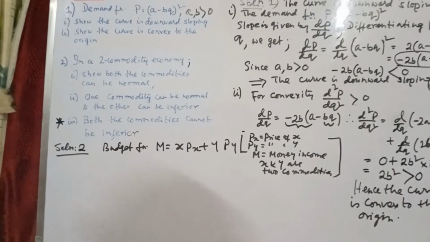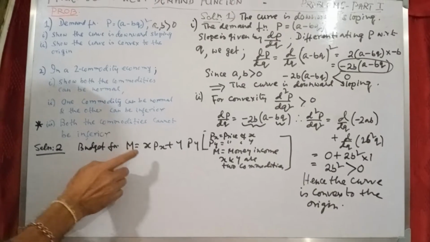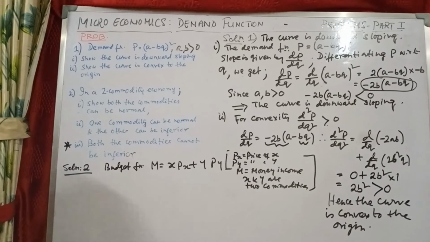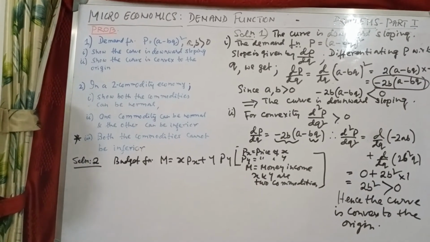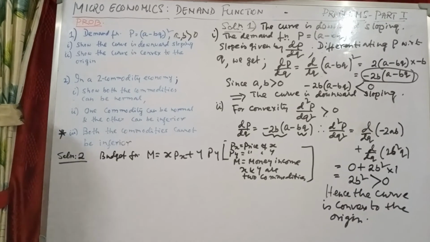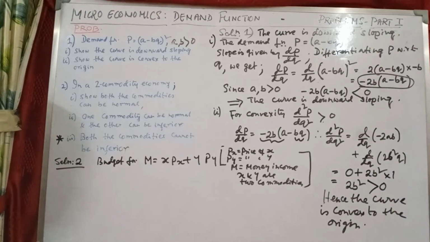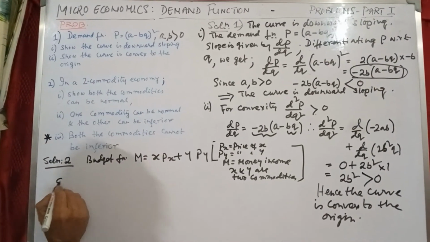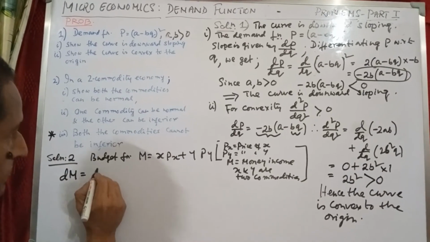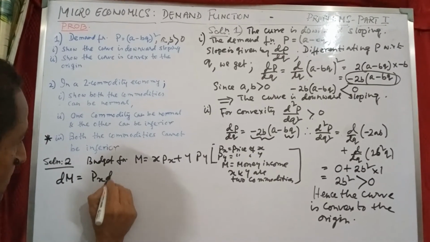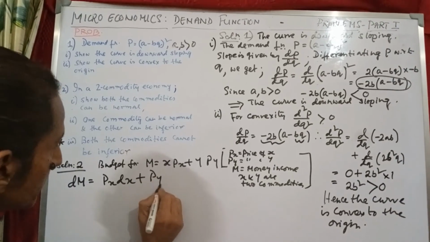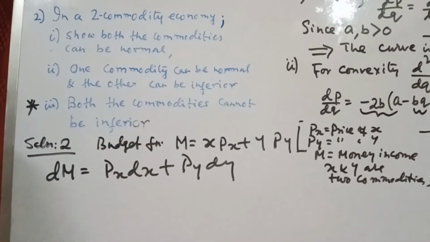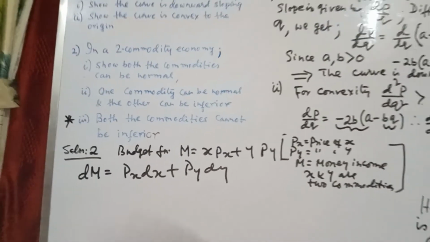Okay, so we have constructed this budget function, that is m equals x px plus y py. The consumer is exhausting the full money income on these two commodities only. Now, dm equals px dx plus py dy. Correct?